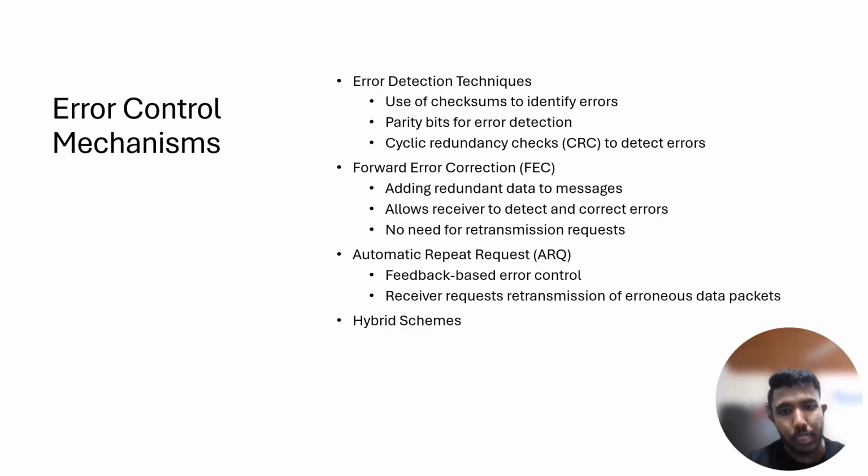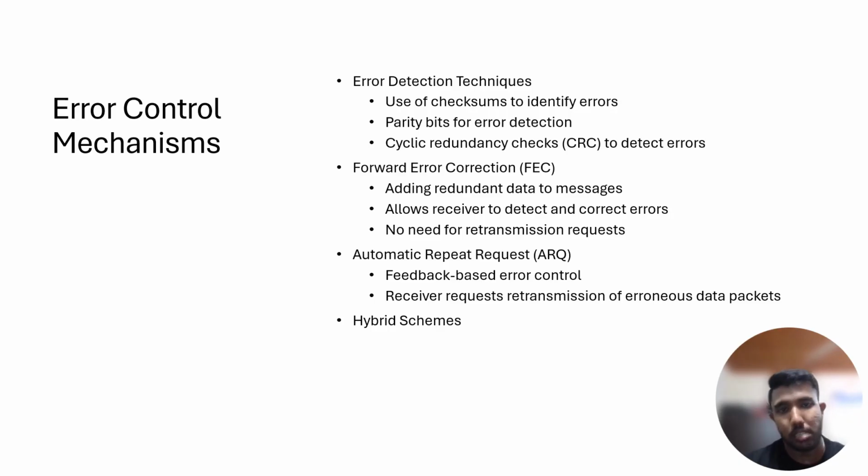Third one, automatic repeat request. This is a feedback-based mechanism where the receiver requests retransmission of data packets detected as erroneous. Three common variants are stop and wait ARQ, go back N ARQ, and selective repeat ARQ, each making different trade-offs between efficiency and complexity.